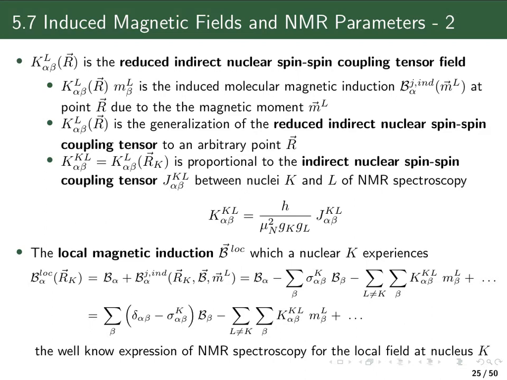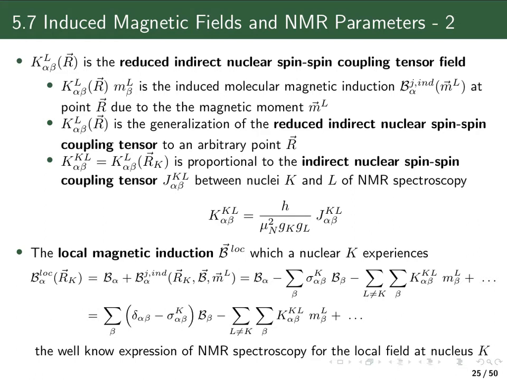So the local magnetic induction which a nucleus K experiences is the value of our magnetic fields at the position of this nucleus K. So it's of course the value of the external homogeneous magnetic field plus the value of the induced molecular magnetic induction. In principle, it also would be, of course, the value of the permanent molecular magnetic induction.